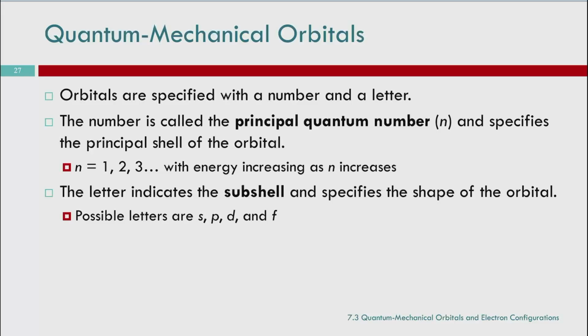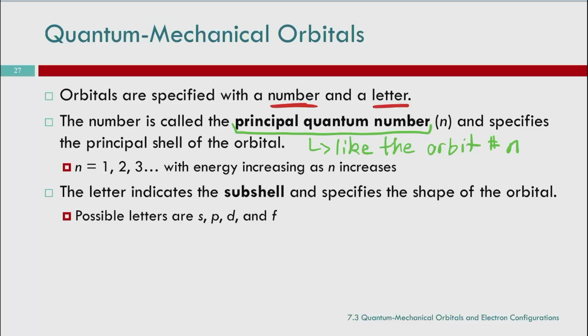And our orbitals are a little bit more special than our orbits, and so we have both a number and a letter that go along with specific orbits. And replacing that lowercase n is lowercase n, which is our principal quantum number. So this is like the orbit number n.